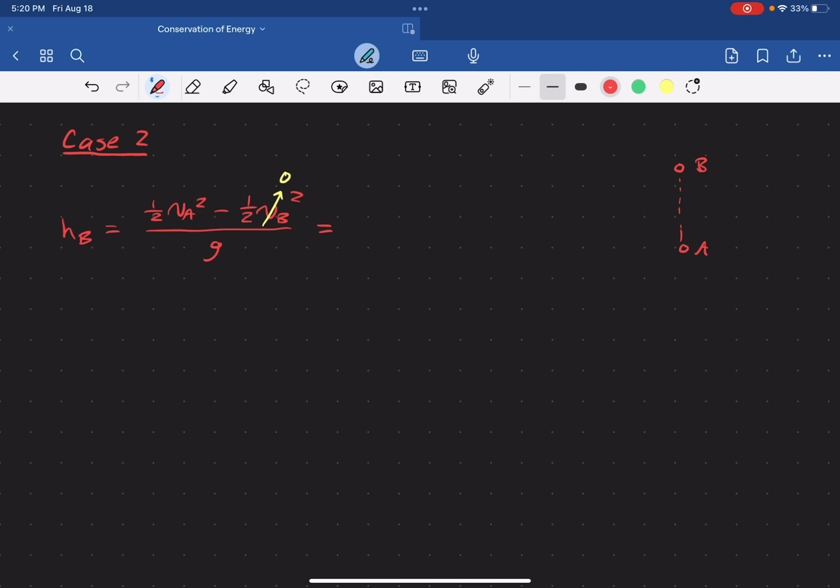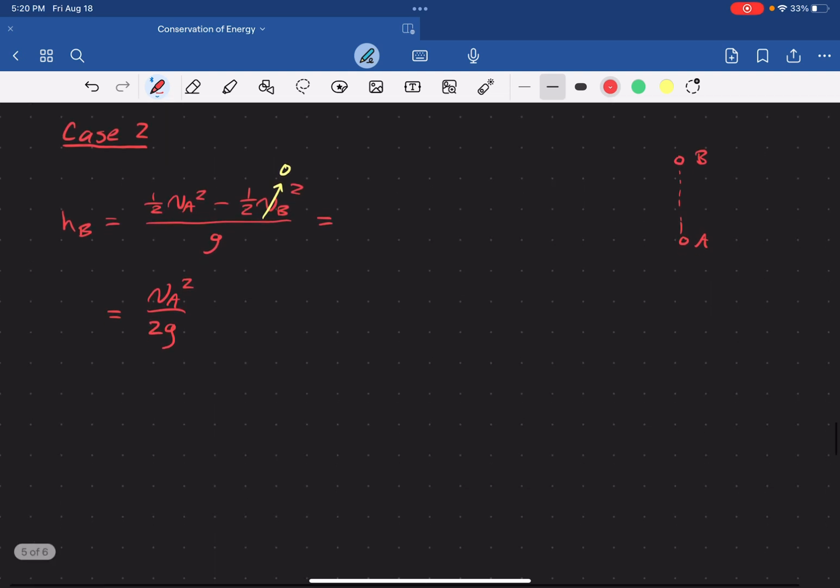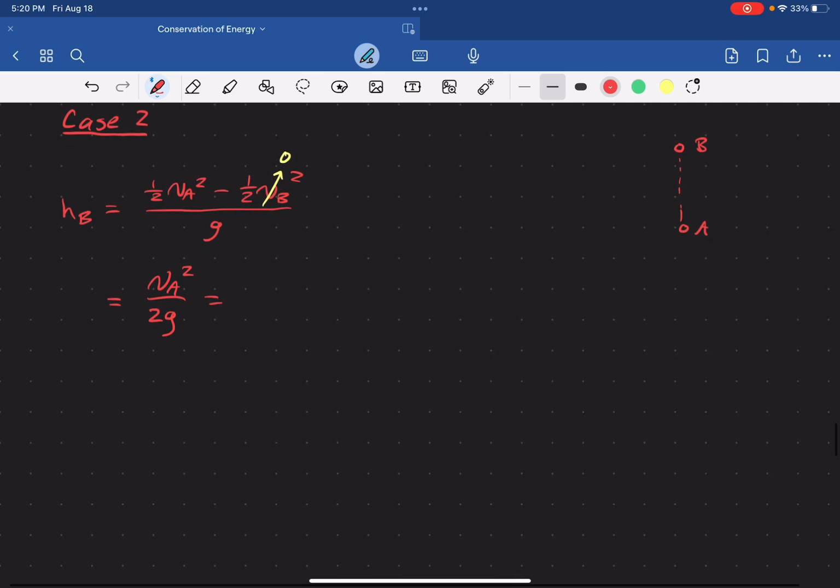So we could say that this is equal to, if we move the 2 down to the denominator, VA squared divided by 2G.